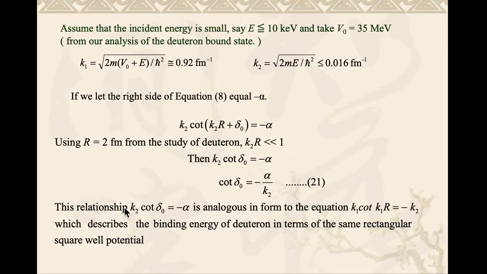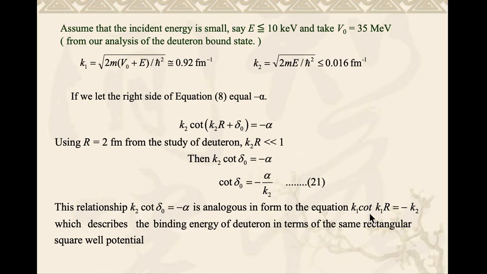And now this relationship, K2 cot delta 0 is equal to minus alpha, is analogous in form to the equation K1 cot K1R is equal to minus K2, which describes the binding energy of deuteron in terms of the same rectangular square well potential. And this was our equation for deuteron, and after a substitution, this is our equation for scattering.